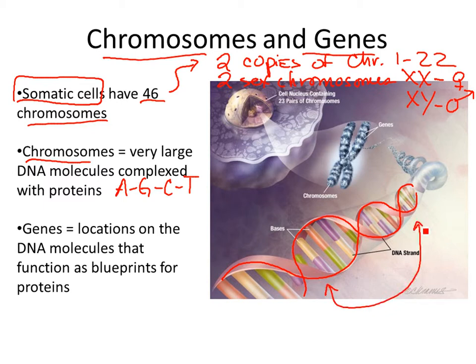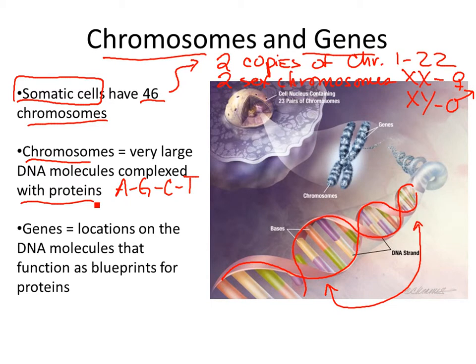It kind of looks like a spiral staircase. Chromosomes are complexed with various proteins to help wad them up and cram them into the tiny little nuclei in each of your cells.